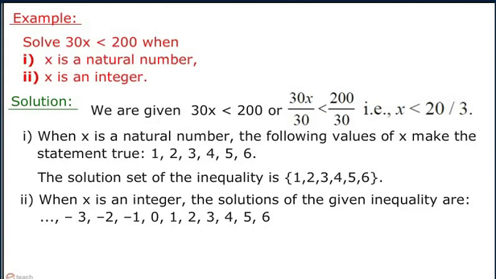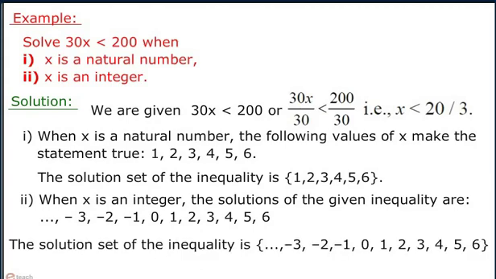But since integers are infinite, we cannot write them all. Thus, the solution set of the inequality is, since minus infinity cannot be written, we are writing it as ..., -3, -2, -1, 0, 1, 2, 3, 4, 5, 6.